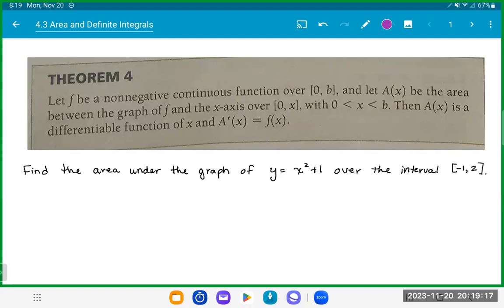You can read more about the fundamental theorem of calculus on page 405 in your textbook, but essentially it's saying if you want to find the area under this non-negative continuous function over that interval from a to b, we need to find an antiderivative.